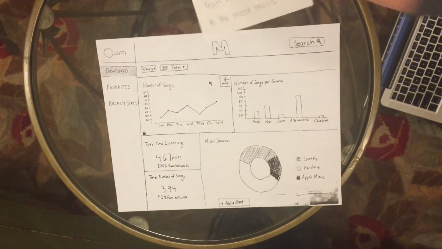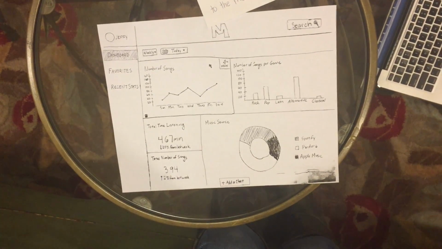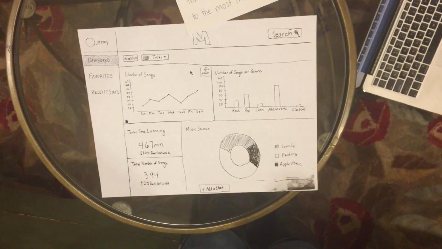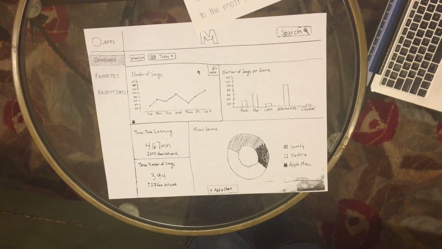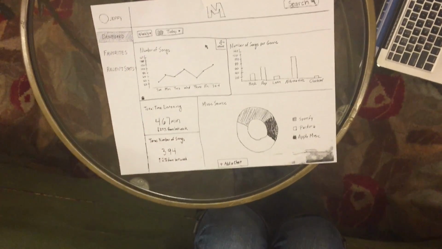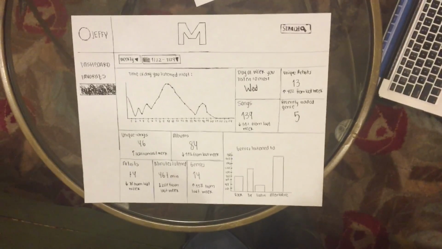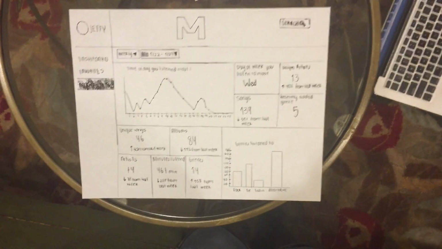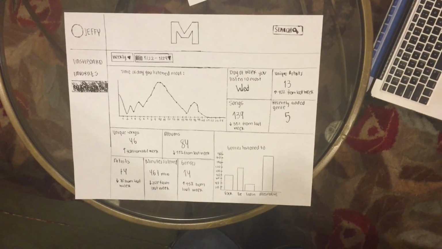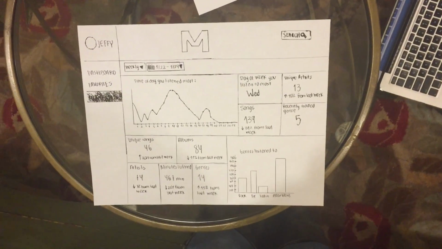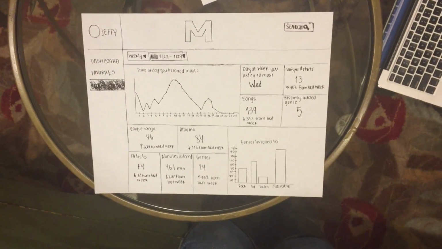Okay, next. You're going back to the homepage. And your next task is: find the decade from which you've listened to the most music. Total times listening, music source. Okay, I'm going to go to recent stats again. Should have remembered that page a little more clearly. There's artists, genres listened to, songs, recently added genre. So I think I'm in the wrong section. Maybe I'll go to the search bar.